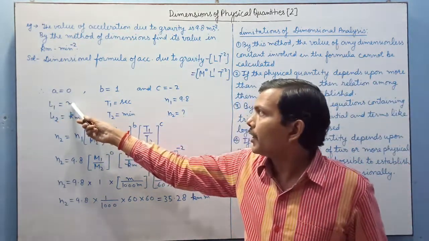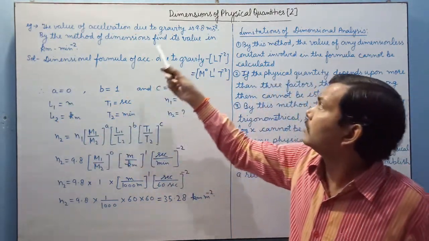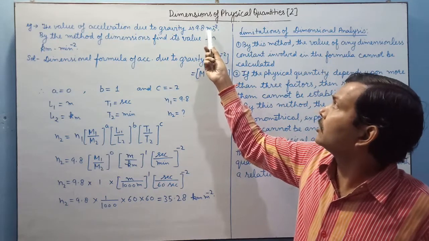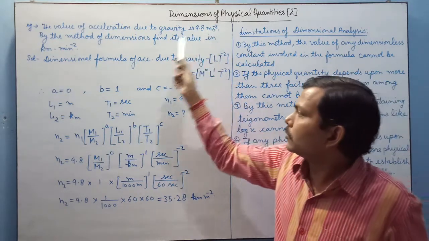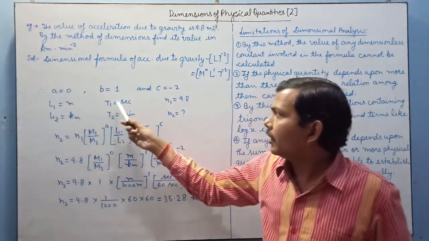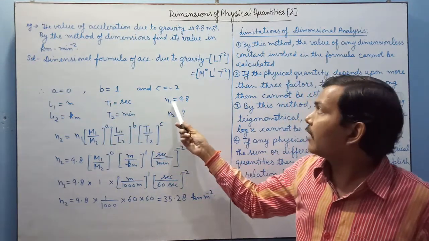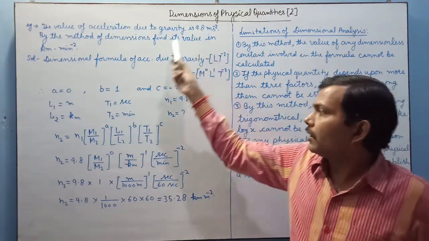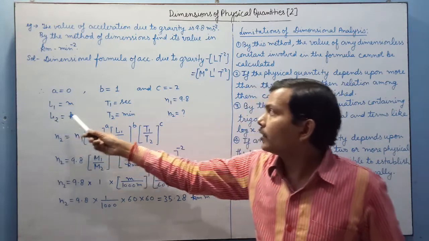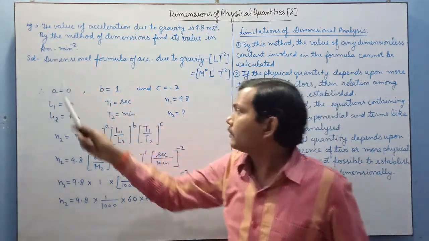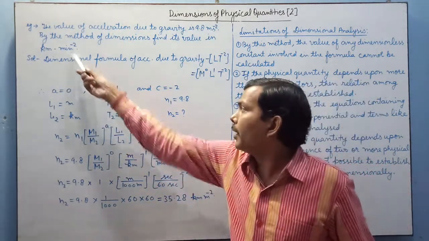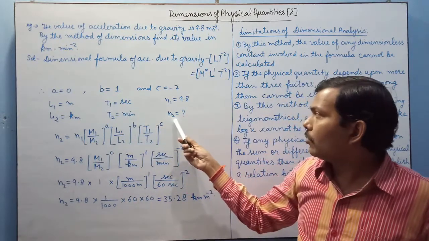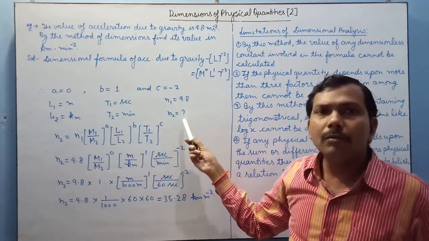L1 is meter because here it is in MKS system, so L1 will be in meter, T1 in second, and n1 is 9.8. Similarly, L2 is kilometer, T2 is minute, and n2 we have to find out.